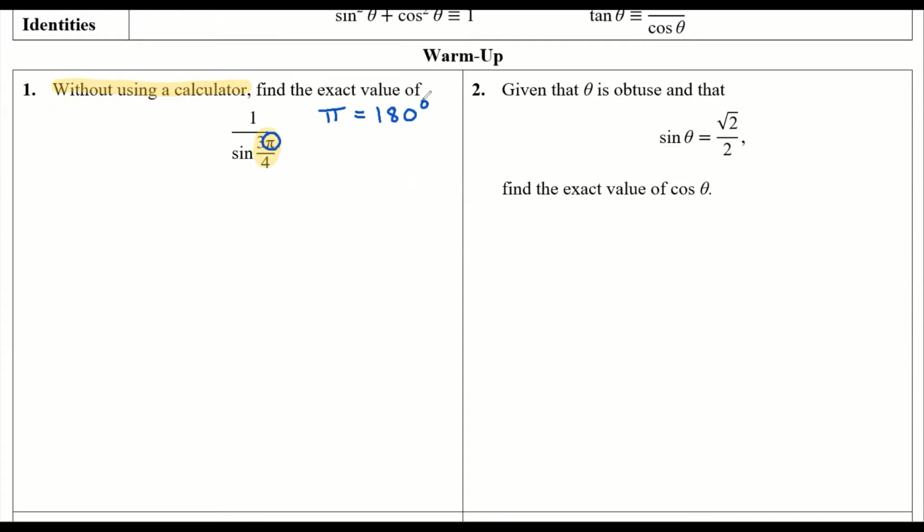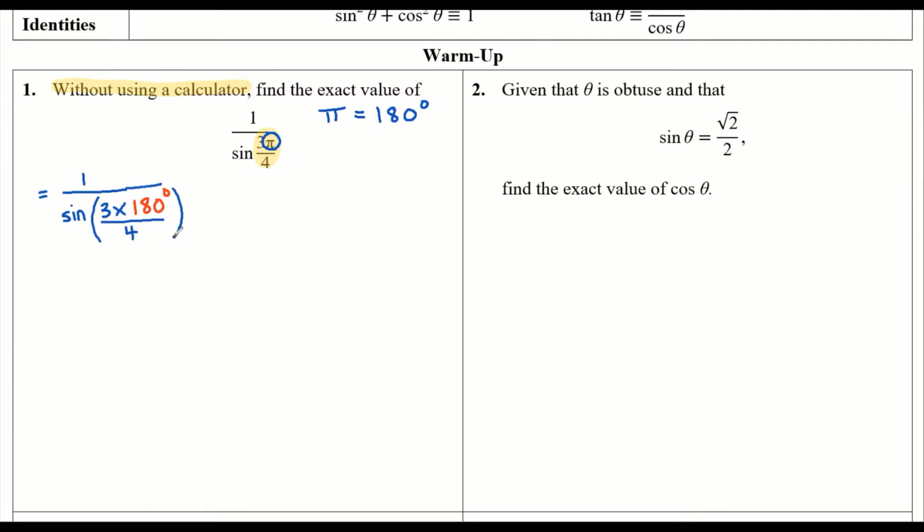So that's what I'm going to do first. Let's write it out. So this is going to equal 1 over the sine. Now, instead of having 3 pi over 4, we're going to have 3 multiplied by 180 degrees, divided by 4. So in other words, 3/4 of 180 degrees.